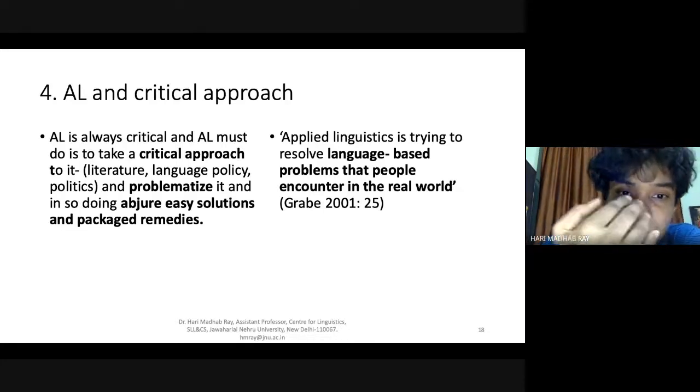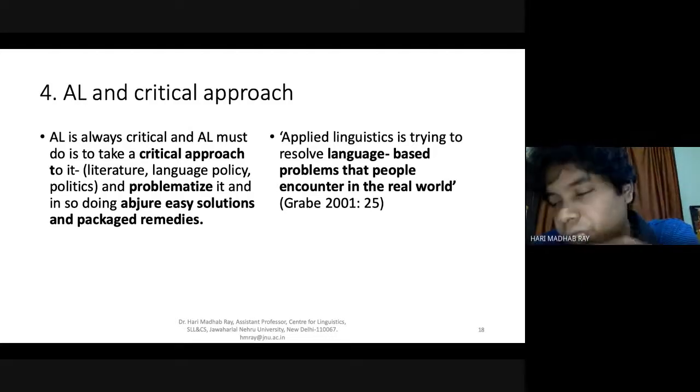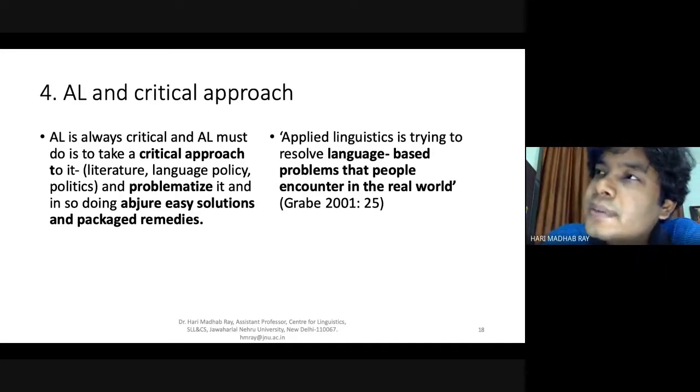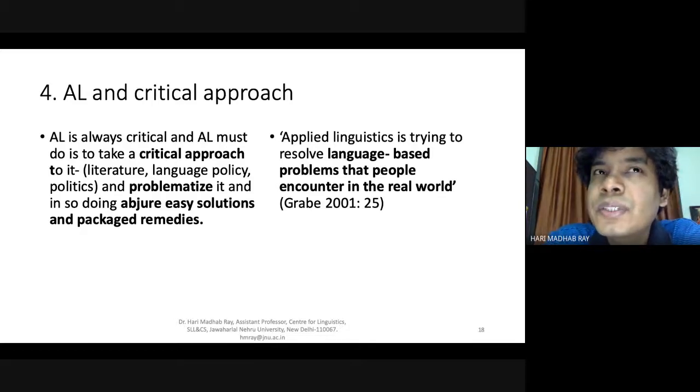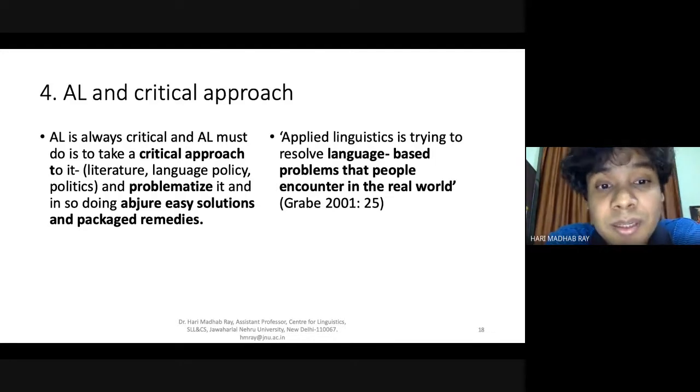So we need to make our own understanding. Even if you're talking about people who are suffering from different kinds of language disorders, and you say, since he's suffering this language disorder, we have this solution for it, and you give a package of remedies, not necessarily will it work, because language itself is different.